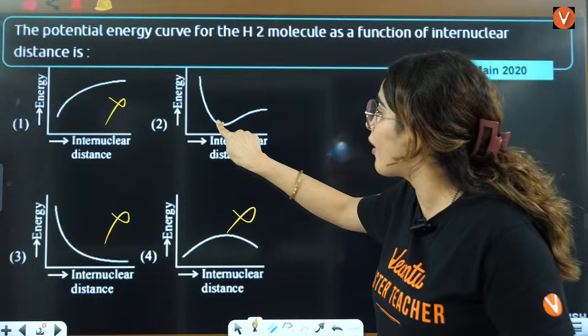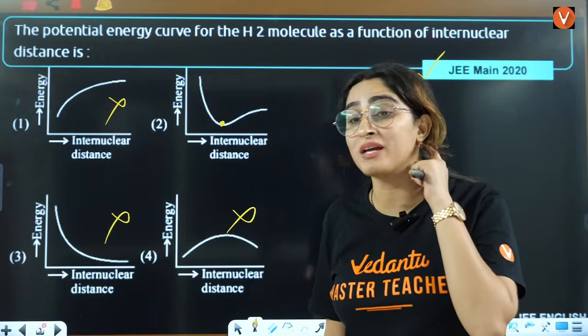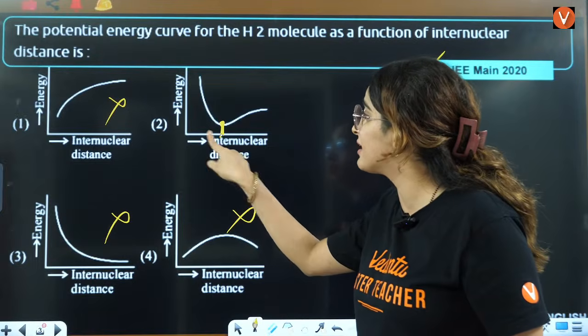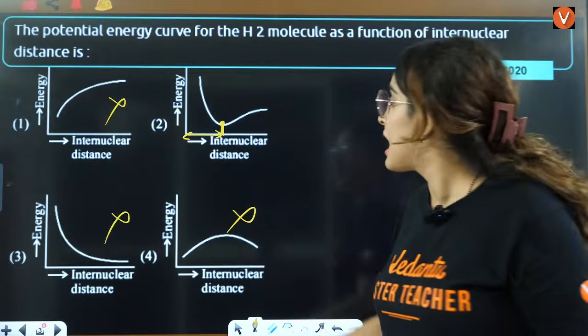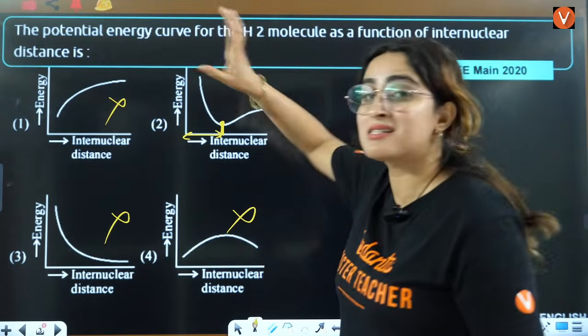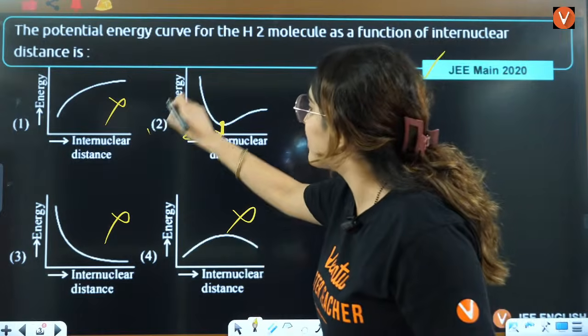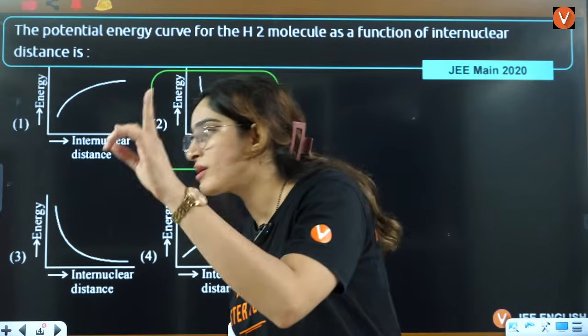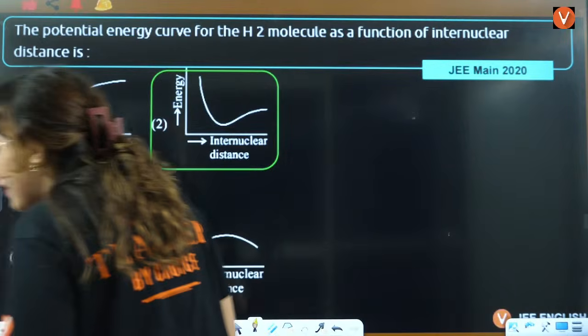Then this is the point of bond formation, where this particular distance defines the bond radius. After that, if you decrease the distance further, stability decreases and energy increases. So the answer will be B, that is option 2. Very good everyone, very good. I can see Abhinav, everyone, yes.